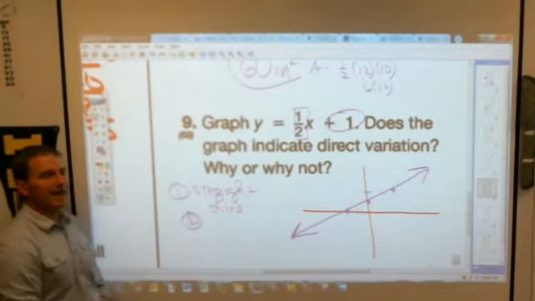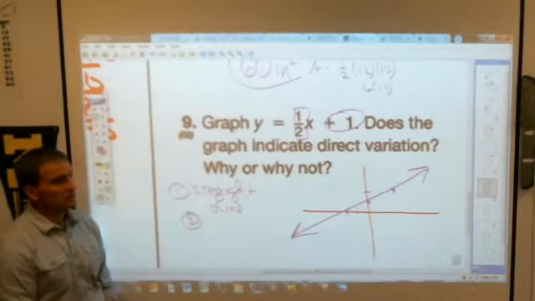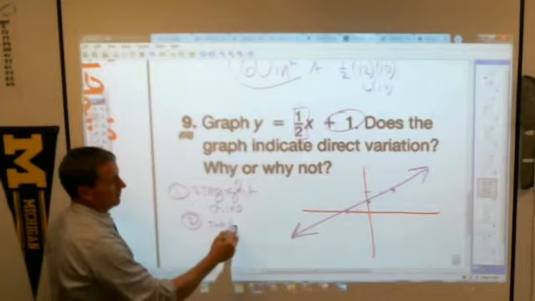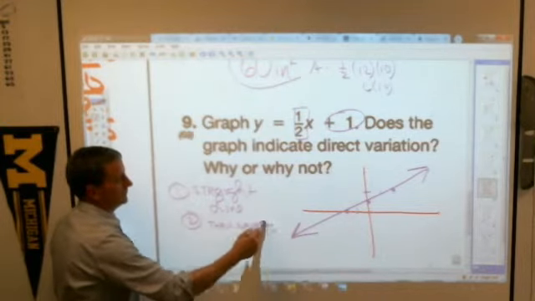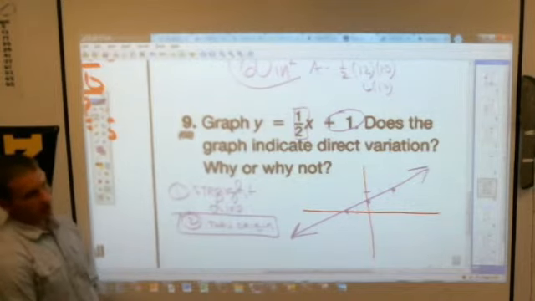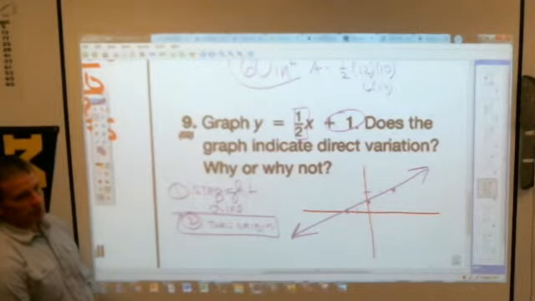But point number 2 is not met, because point number 2 is, Chase? Has to go through the origin. It has to go through the origin. When x is 0, y has to be 0 for something to be direct variation, for it to be proportional. There's no constant factor here.